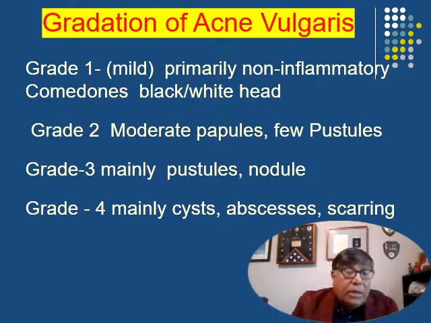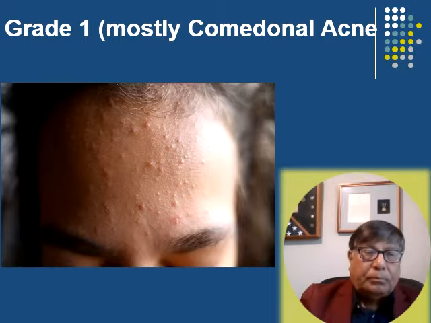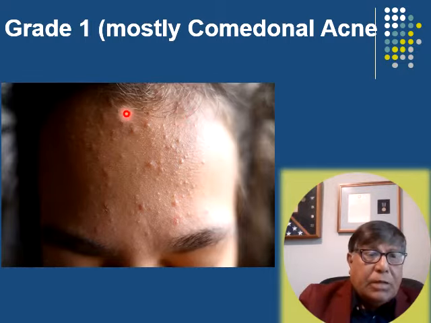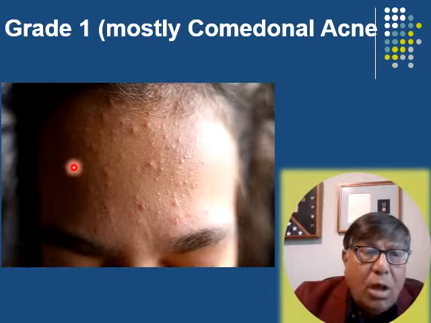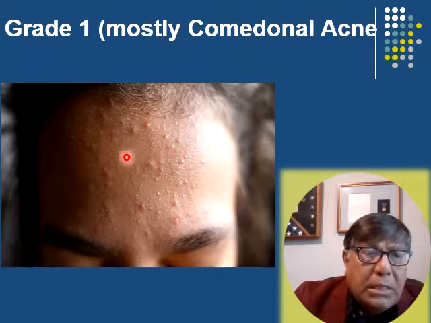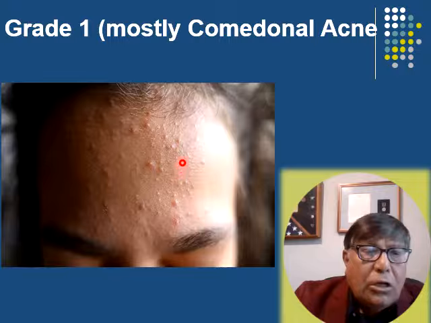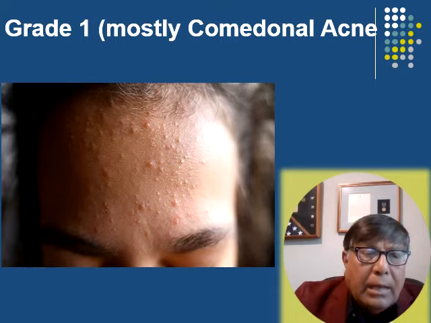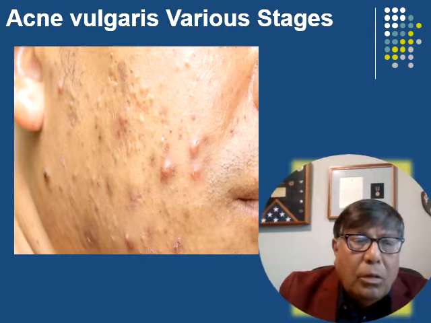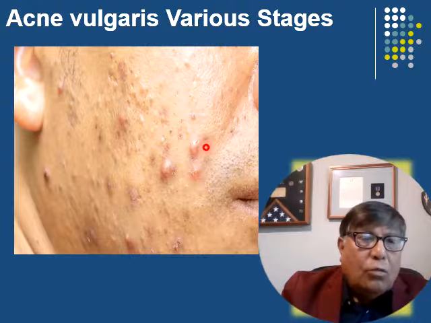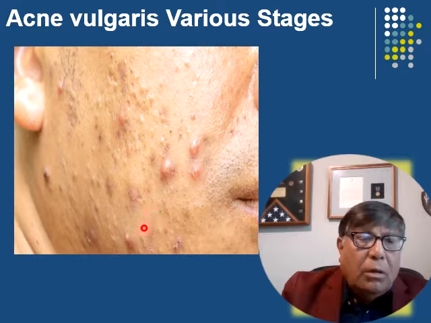So let's see if we can see some of them. As I said, this is grade 1, this is comedonal and it is on the forehead. Grade 2 will be your mostly papules, and this one possibly a pustule, mostly papules, and it's all over.